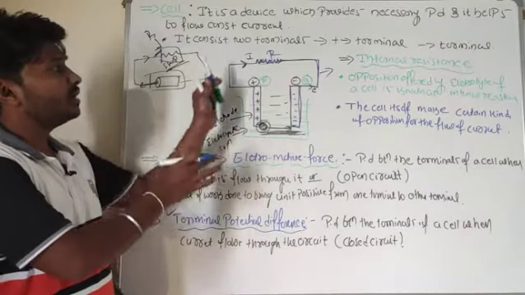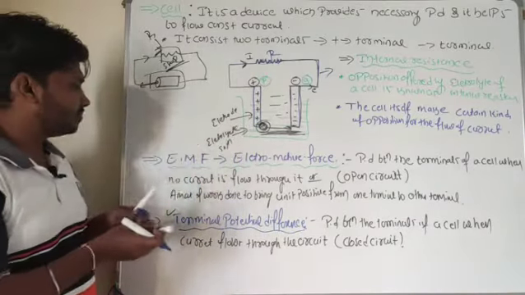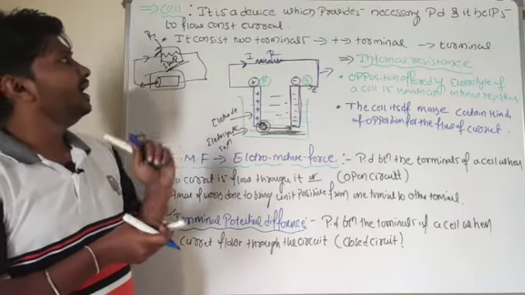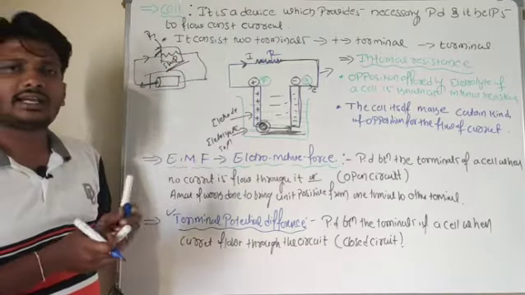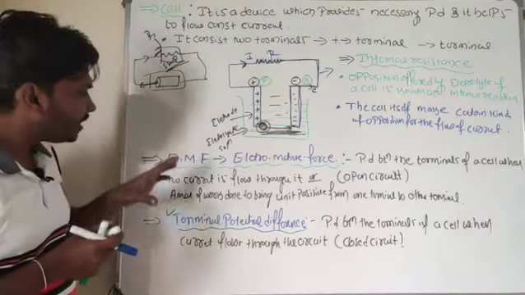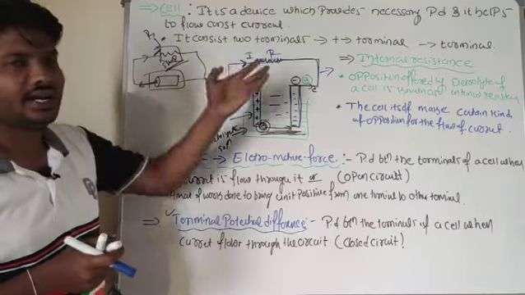In chemistry also we will understand about the electrolyte cell. I am just using the terms: what you mean by EMF, what is terminal potential difference, what is internal resistance, and what is a cell. Now we will get the equations for the relation between EMF, terminal potential difference, and internal resistance.